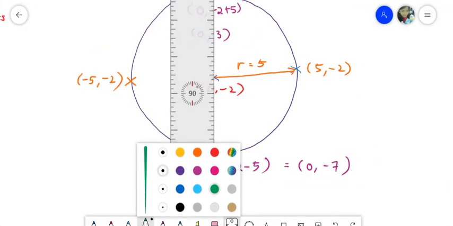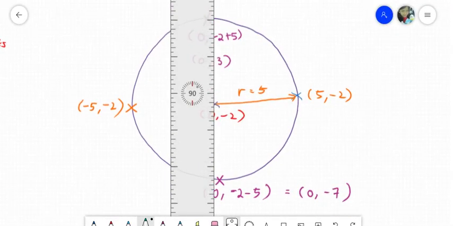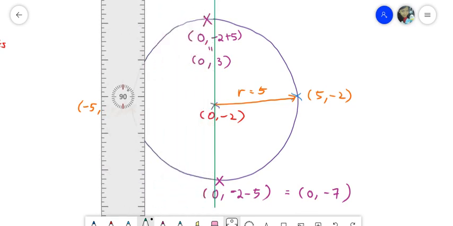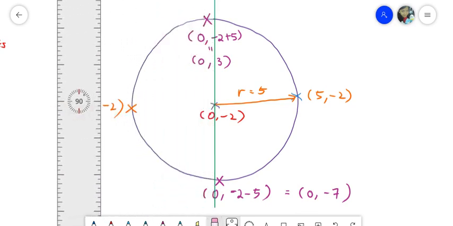Oops. Okay, means that my point here is wrong. It should be here, right? Same goes with this one. Should be here. So highlight, this is your y-axis.